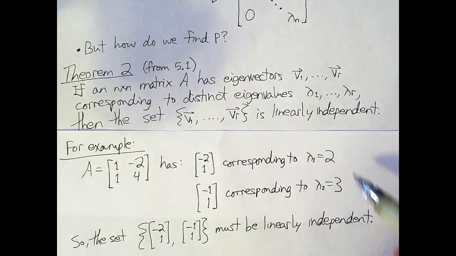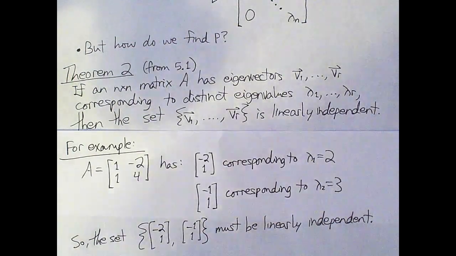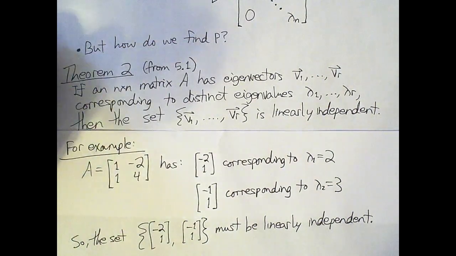This is because these eigenvalues are different. Because they're distinct, 2 and 3.